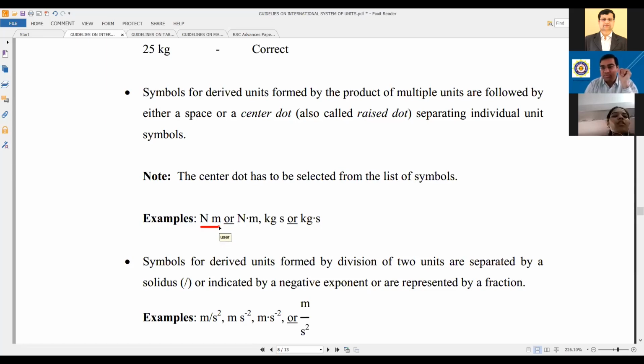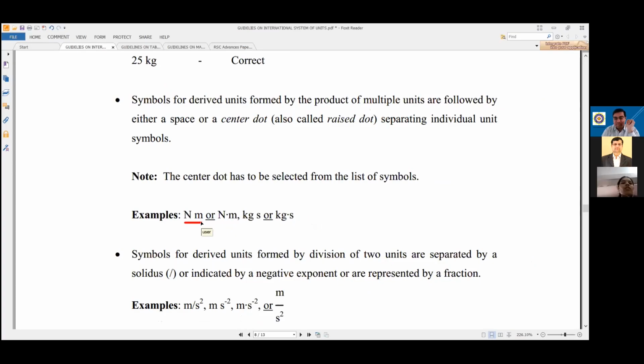Tau is equal to I alpha, right? Newton meter is its unit. So Newton space meter. If you want to put a period, then don't give space in between. Newton dot meter. kg second or kg dot second.